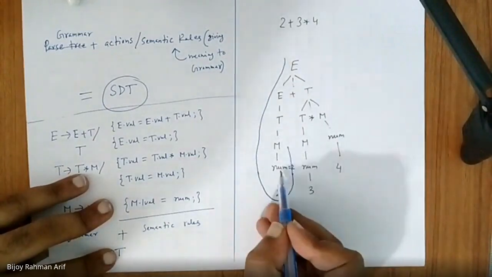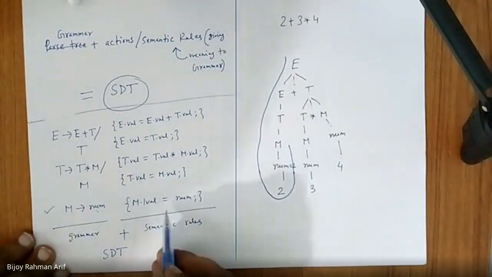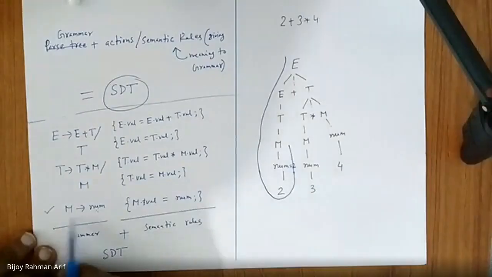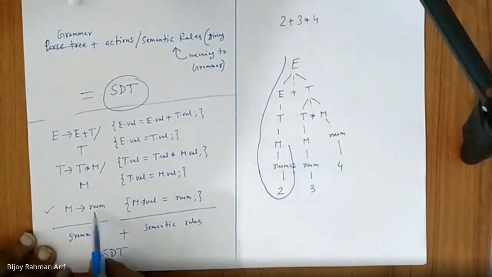Num is reduced to M. This is the production. So what is the action here? Reduce. M equals 2. Just after reduction, we are going to do this action.